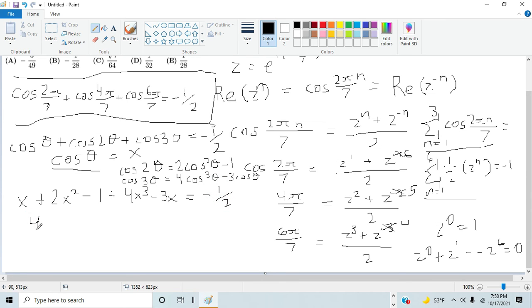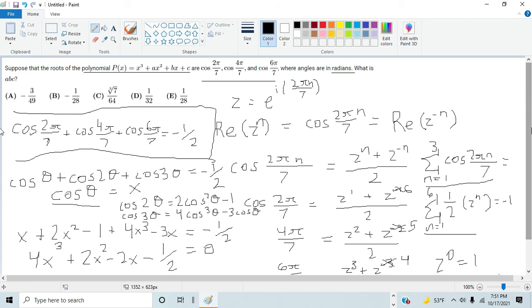Rearranging this polynomial into a more appropriate form, we get 4x cubed plus 2x squared minus 2x minus 1/2 is equal to 0.